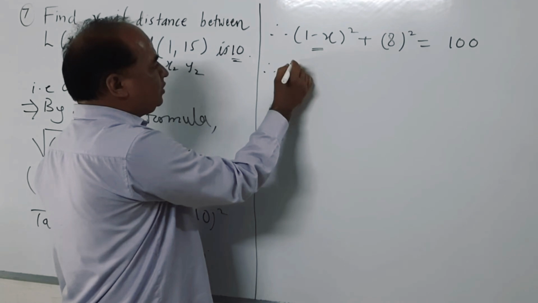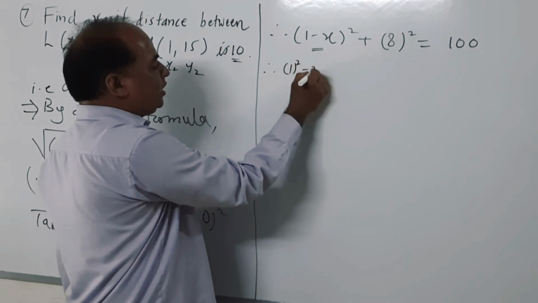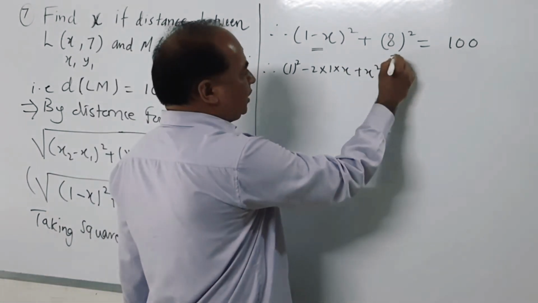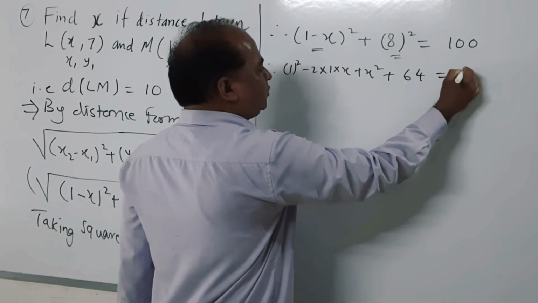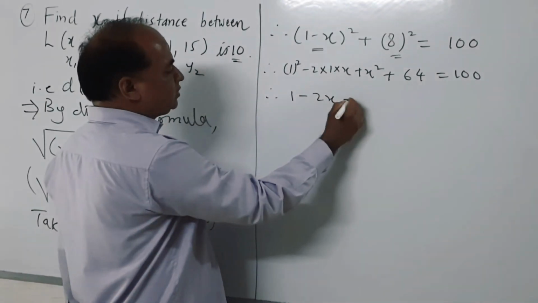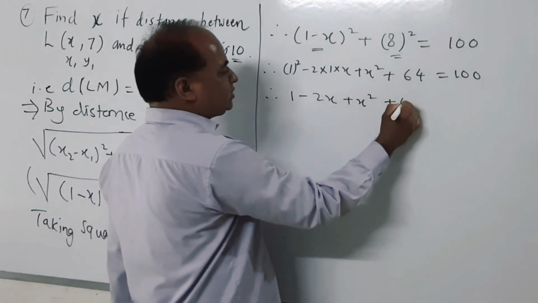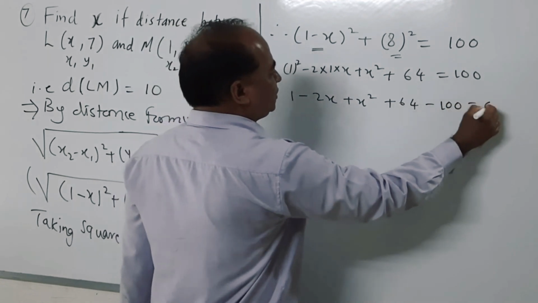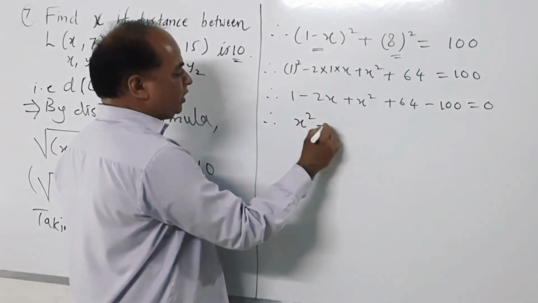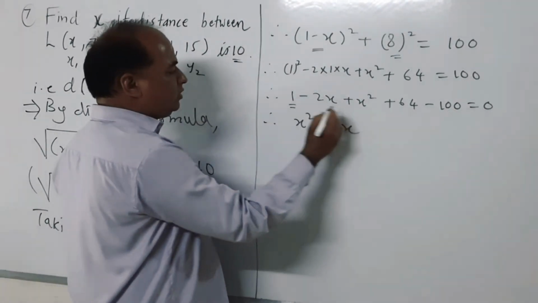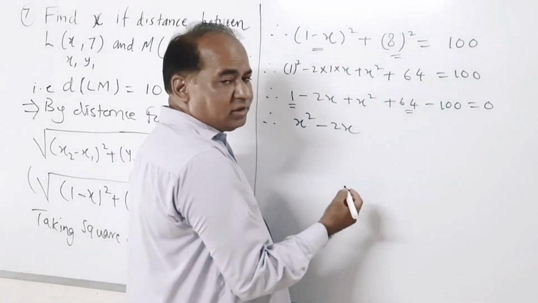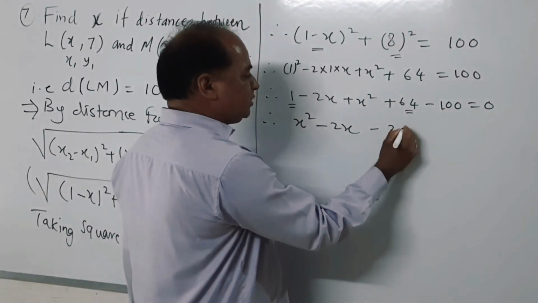Therefore 1 square minus 2 times 1 into x plus x square plus 8 square is 64 is equal to 100. Therefore 1 minus 2x plus x square plus 64 minus 100 is equal to 0. Therefore rearranging the terms, x square minus 2x plus 1 plus 64, that is 65, and minus 100 is minus 35, is equal to 0.